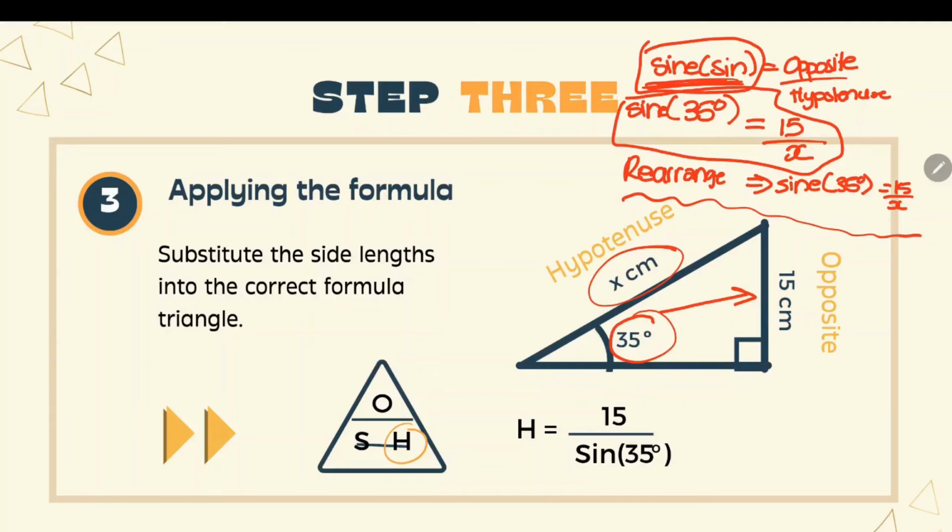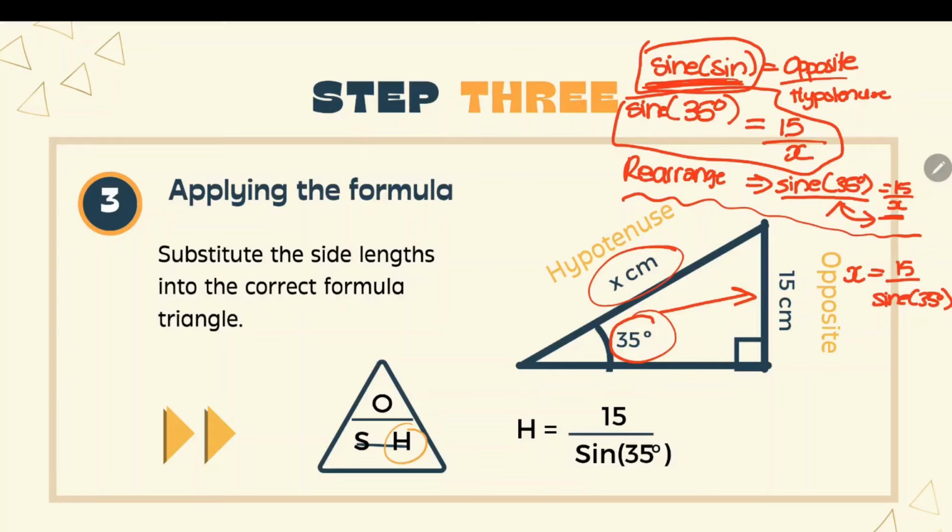So you have to rearrange to get the x to this side. So it would be something similar to this. x equals 15 over sine 35. So you're swapping these two around. You're swapping sine with x so that the x is by itself.